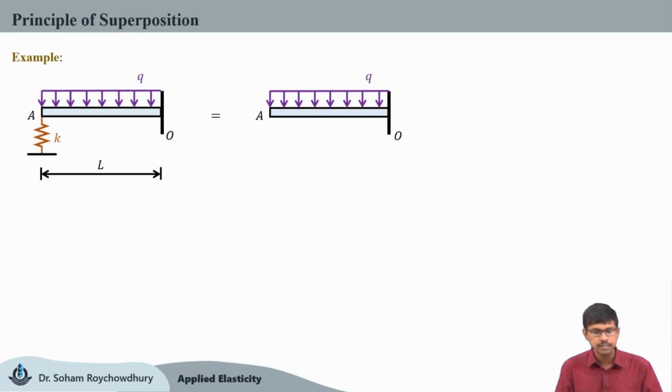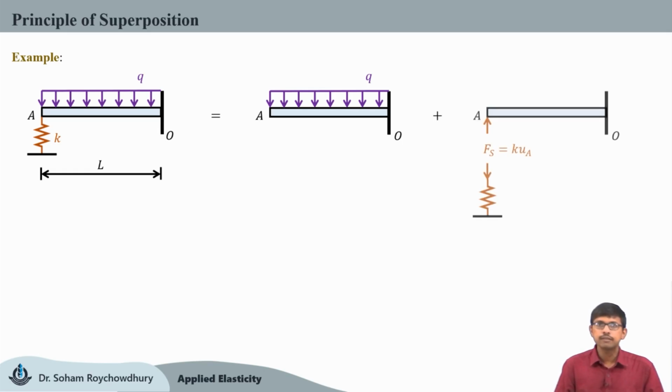So, we are considering the first problem where the same beam is subjected to only one loading, that is the distributed load of intensity q, plus the second problem where the same beam is subjected to only spring force Fs, which is k times ua, where ua is nothing but the vertical transverse deflection of that free end point A of the cantilever beam.